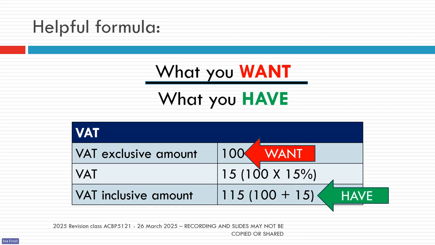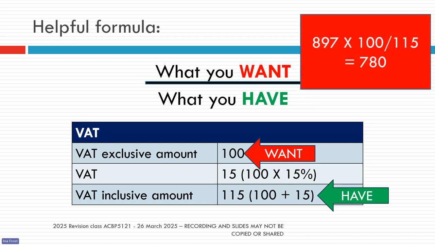We gave you the VAT inclusive price. So I take my VAT inclusive price, the 897, up there in the right-hand block of your screen, and I multiply it with what I want, the price excluding VAT, the 100, and I divide it by what I have, the price including VAT, the 115. That is another way in which you can get to the 780.